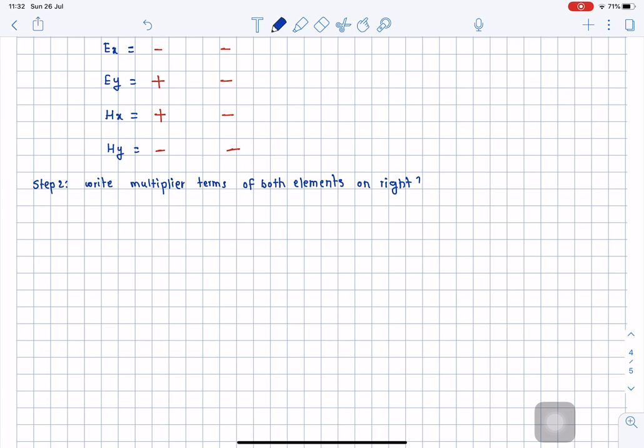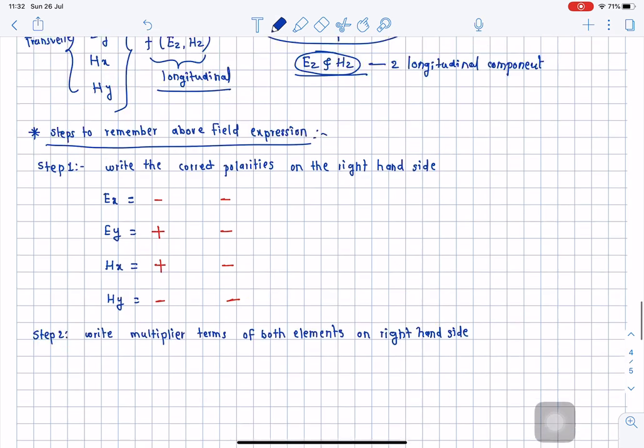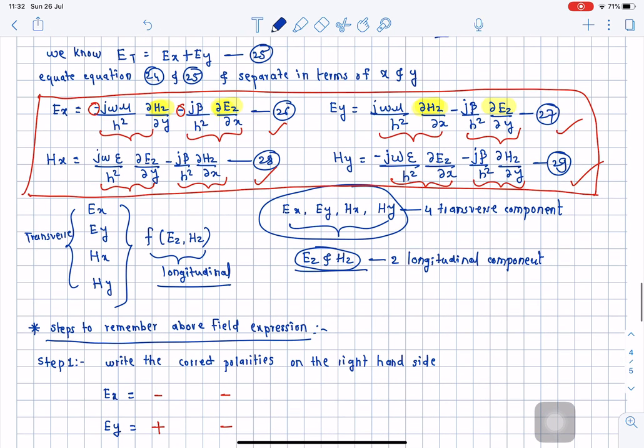What do you mean by multiplier term? I will highlight it. What are the multiplier terms in equations 26 to 29? Multiplier terms are these: j omega mu, j beta by h square. Similarly, j omega mu, j beta by h square. So these terms you need to write for the two given terms on the right hand side.